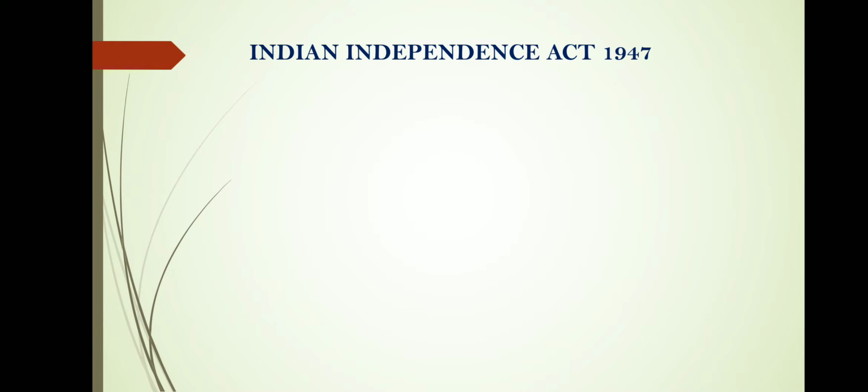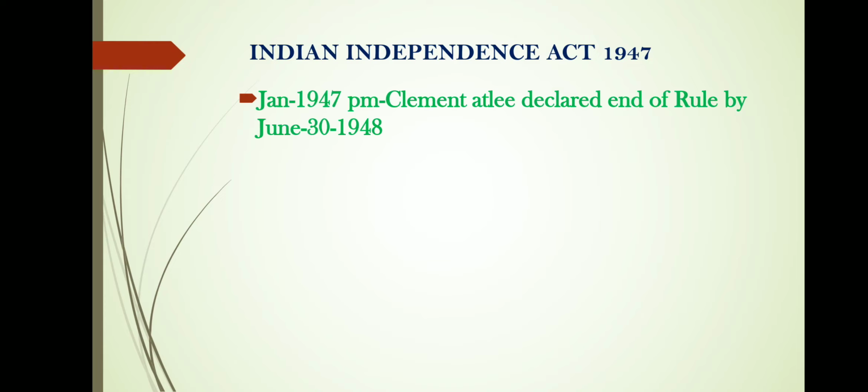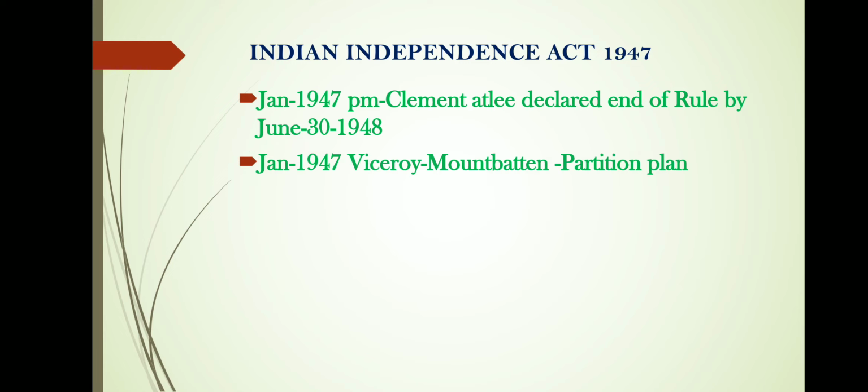So the next act is the Indian Independence Act of 1947, the last one. In January 1947, the British Prime Minister Clement Attlee declared that the end of British rule would take place by June 30, 1948. But Viceroy Lord Mountbatten gave a plan known as the Partition Plan, dividing India and Pakistan.